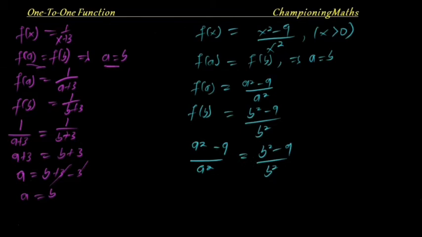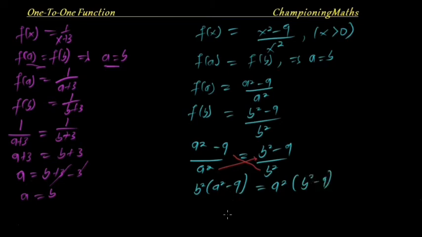Alright, so by doing away with the fraction, we can cross multiply, and so we'll be having b squared multiplying the bracket a squared minus 9, which will be equal to a squared multiplying the bracket b squared minus 9.